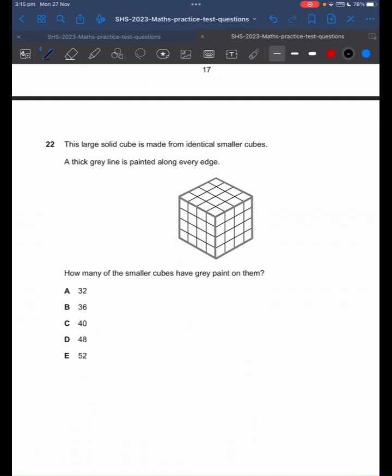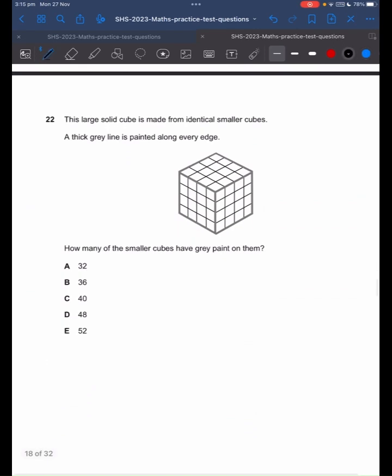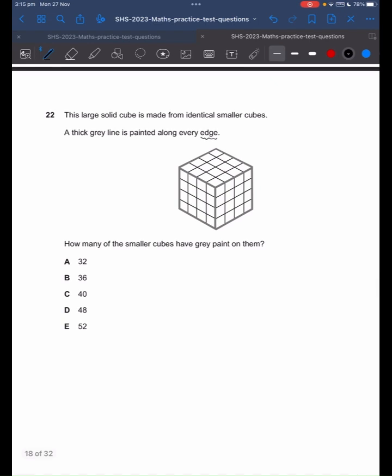Alrighty, question 22. A thick grey line is painted along every edge. Be careful with the question. It asks for every edge, not for every face. So first of all, if we color in every edge, how many squares will not be colored?